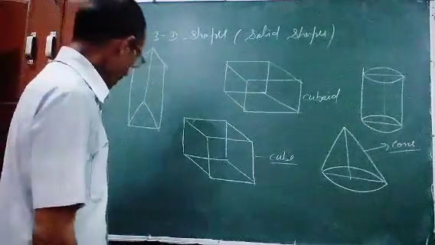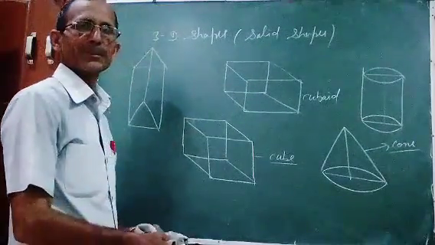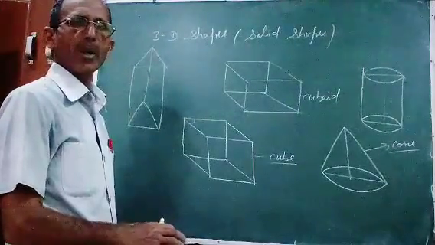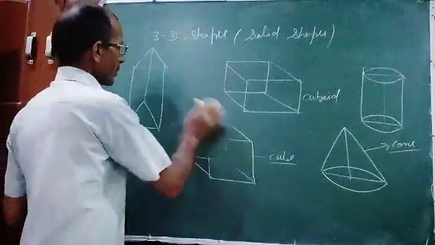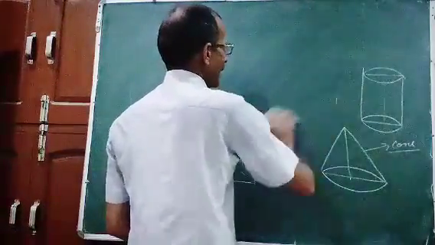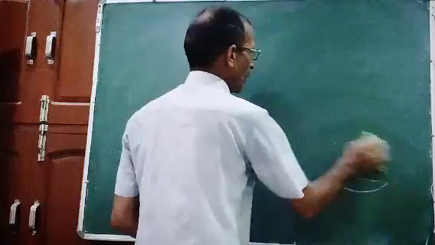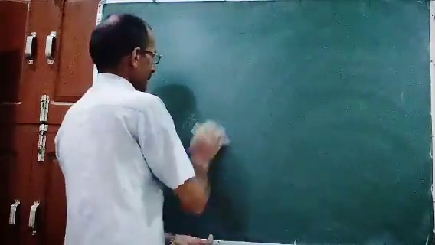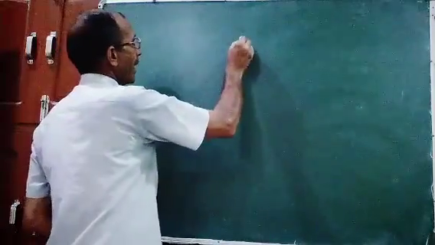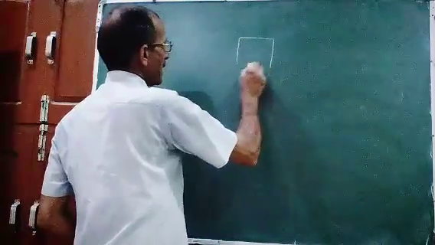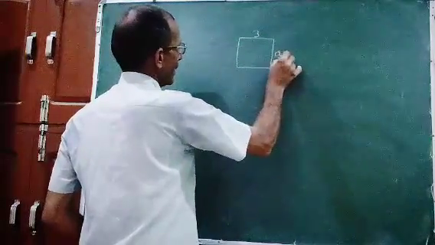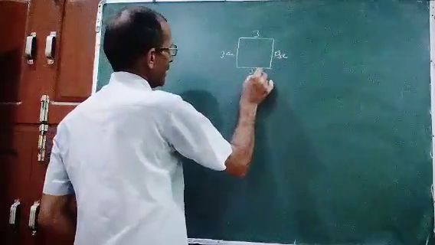Understood? So now in this section we have to show the nets of three-dimensional shapes. Net means we have to cut the paper and you will understand easily. After folding, what do we get? So this is one square face whose side is 3 centimeter. 3 centimeter, 3 centimeter.